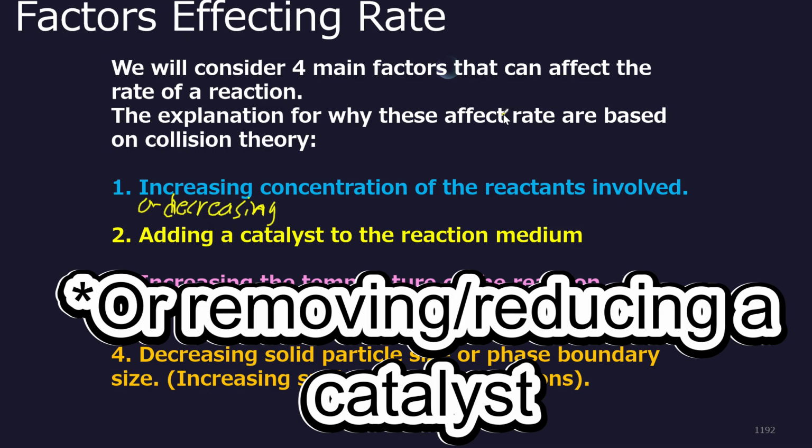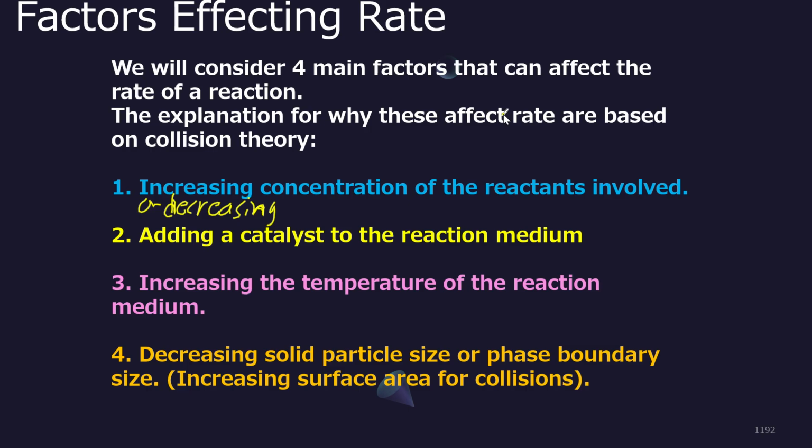Now, a catalyst I think is one of the last things that we'll talk about in this topic, but just for now, try to memorize it or be aware of it, that adding this thing called a catalyst can change the rate of reaction. Third, increasing the temperature of the reaction medium. Again, we're just saying affect rate, so I should also say or decreasing.